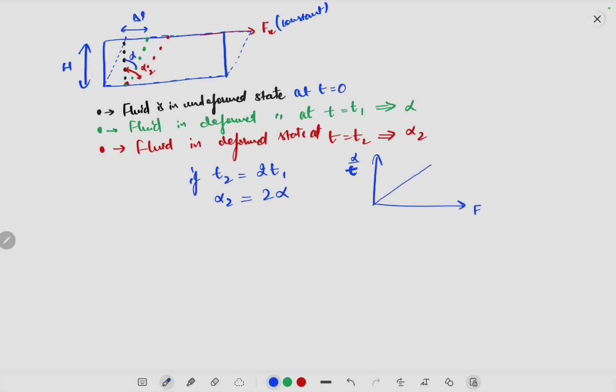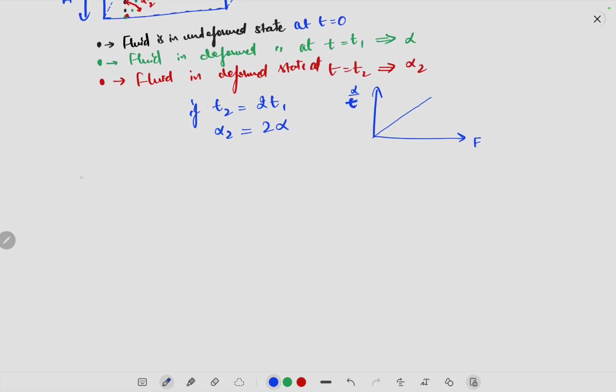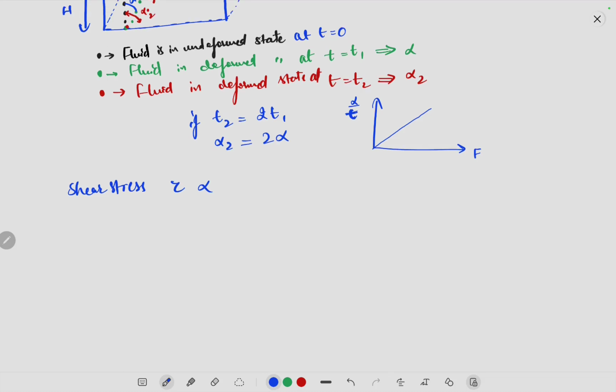So the shear stress tau developed inside the fluid is proportional to alpha by delta t.